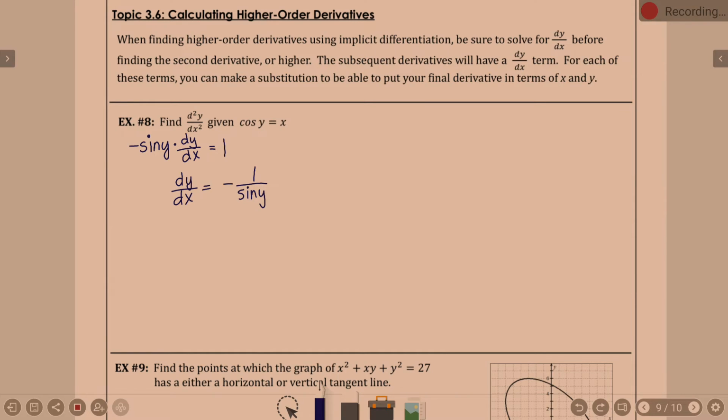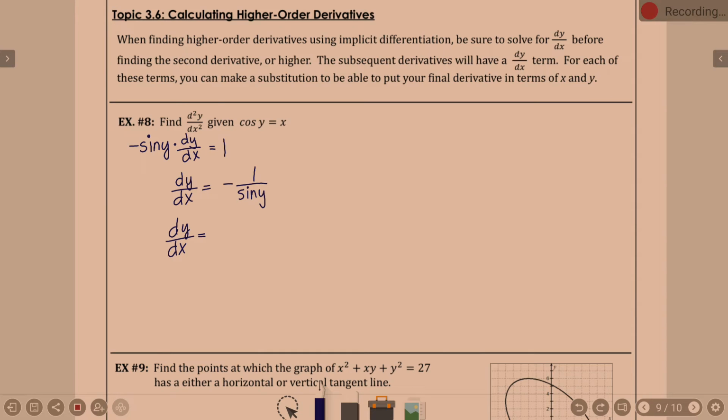Now, most of the time what you will see here is not leaving it in this form. What is another way to write 1 over sine y? Negative cosecant y.